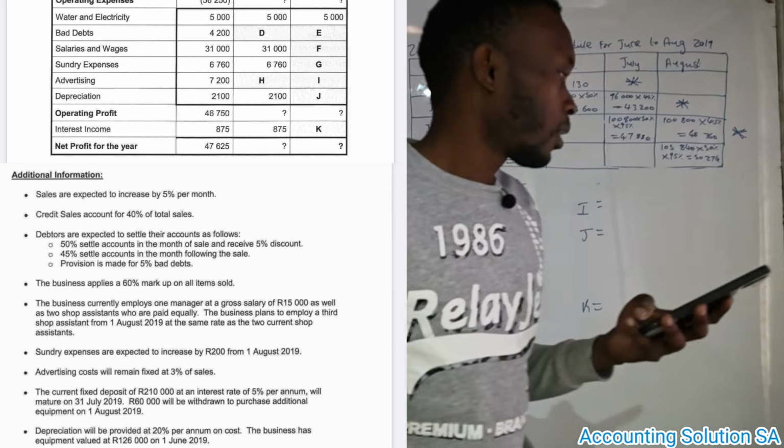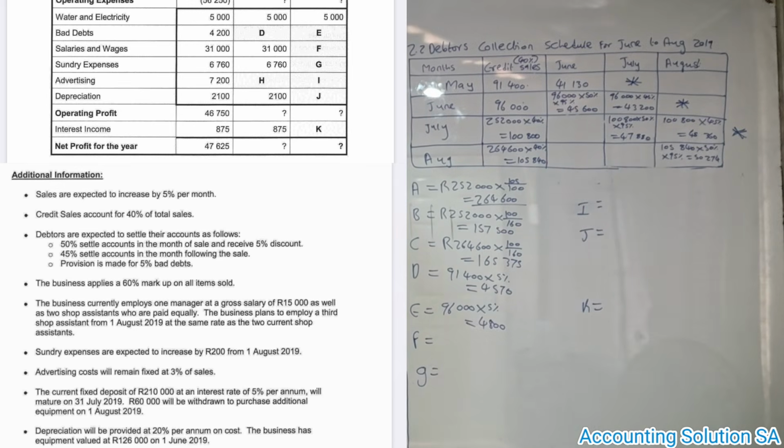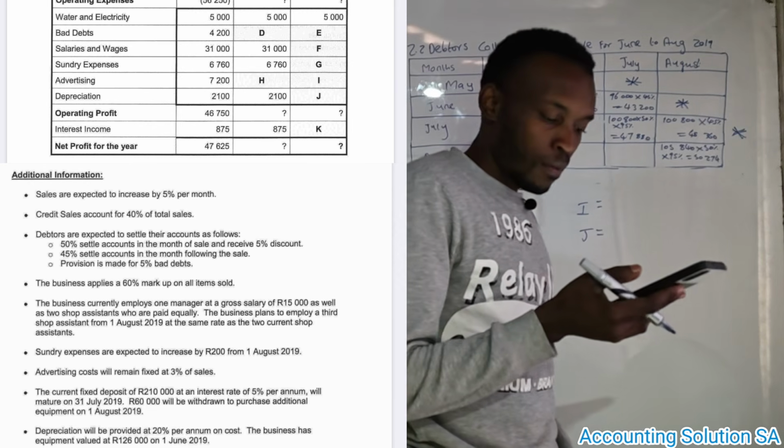Okay, now number F, salaries and wages. Bullet number 5: the business currently employs one manager at a gross salary of 15,000, as well as 2 shop assistants who are paid equally. The business plans to employ a 3rd shop assistant. We have 2 assistants, and the other one is a manager, guys.